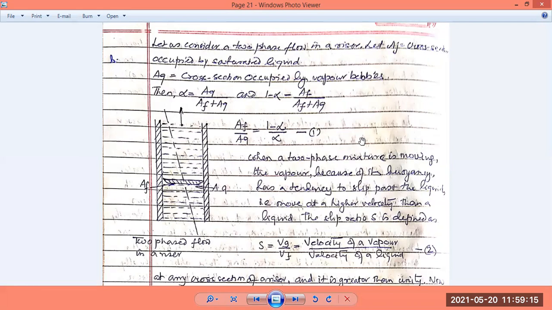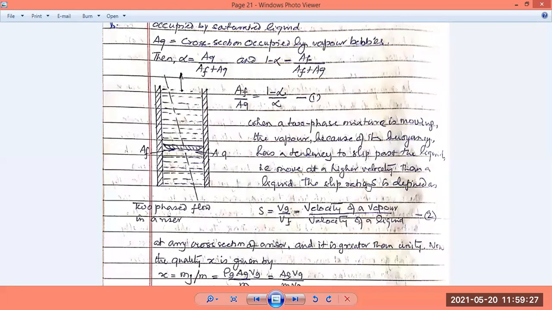Now, when a two-phase mixture is moving, one is water and one is vapor. The vapor, because of its buoyancy, has a tendency to slip past the liquid, that is, to move at a higher velocity than the liquid water.